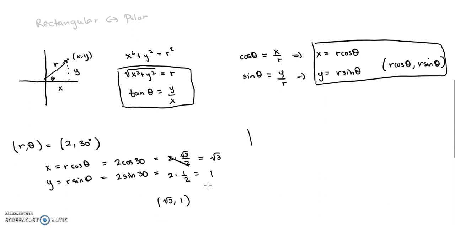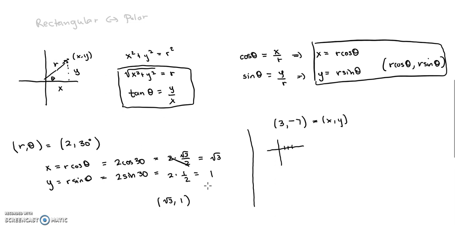Now the other direction. Let's say we're given rectangular and we want to find polar. Let's say that we have the point (3, -7). This is our (x, y), and we want to find our polar. You can draw a picture if you'd like. It might be helpful, especially when you start doing this.